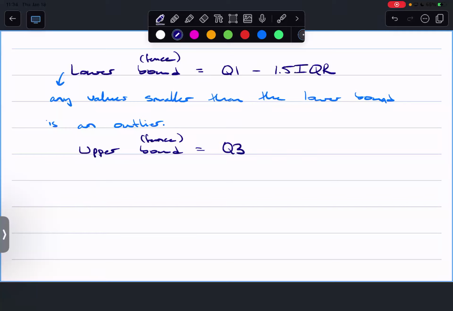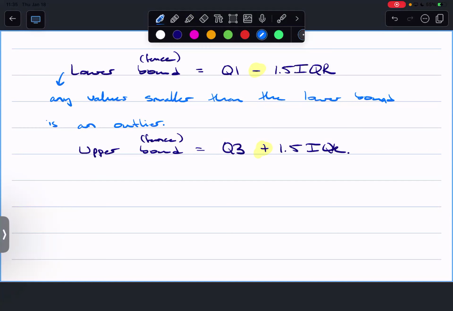From Q3 I'm allowed to move up, so plus 1.5 times the interquartile range. The 1.5 is completely arbitrary, but that's the rule that we use. You could use 2, you could use 2.1, that'd be weird, but you could use lots of different values, but the one that we use is 1.5. I'm going to highlight the differences here, because you're moving away from your quartiles.